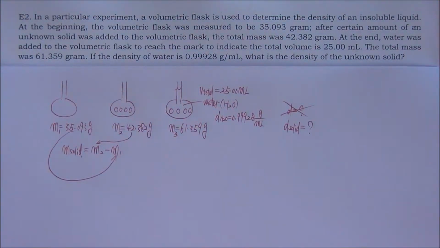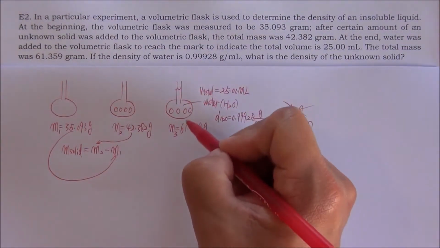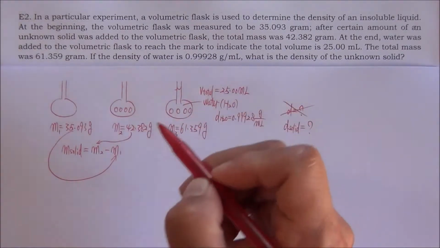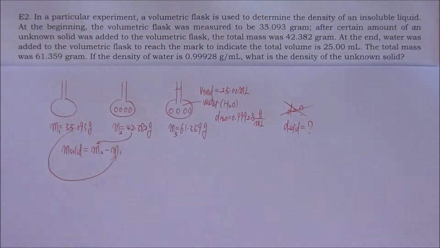Similarly, we can find the mass of the water only from the mass of the water, solid, and the flask, and the mass of the flask plus the solid.